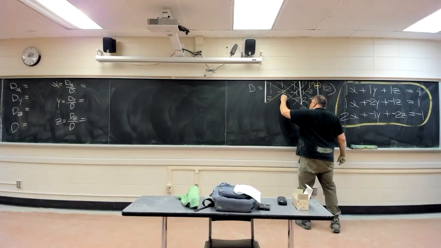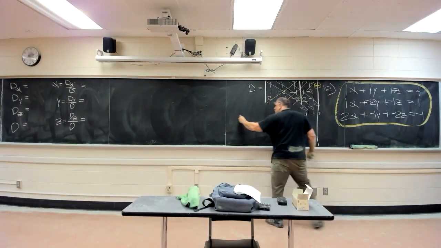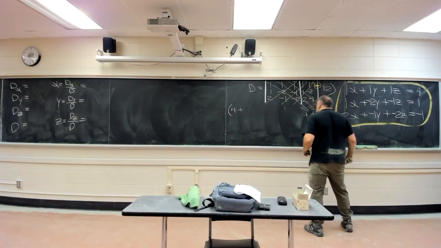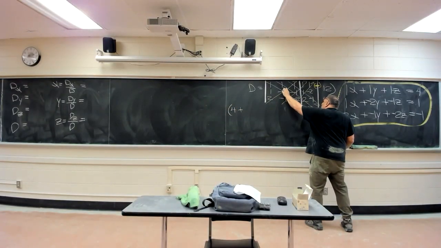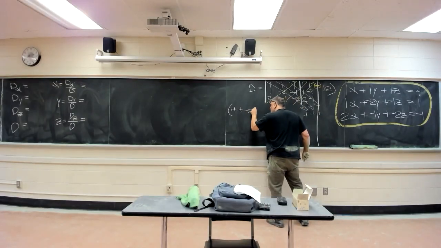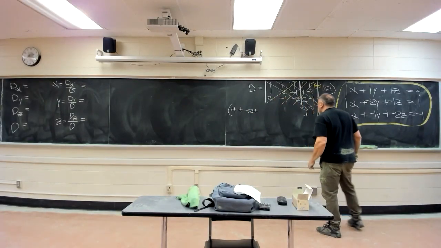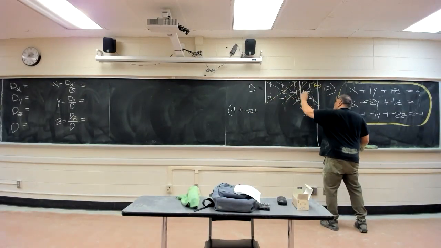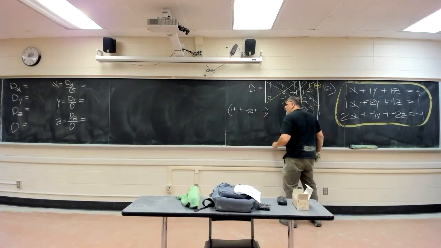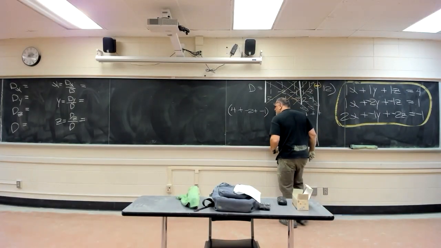1 times negative 2 is negative 2 times negative 2 is 4. Plus, you're adding all these. 1 times negative 1 is negative 1 times 2 is negative 2. 1 times 1 times negative 1 is negative 1. You're going to add those together.